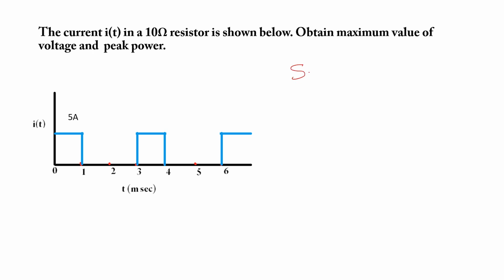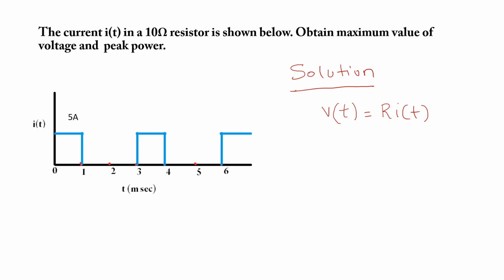To find it, we will first write the voltage expression. What is voltage? Voltage is nothing but the resistance times the current. So I of t is given, and we know R, so we can find the instantaneous voltage, which is V of t.